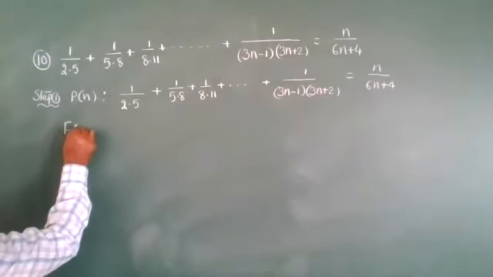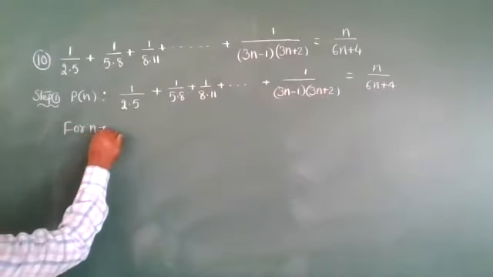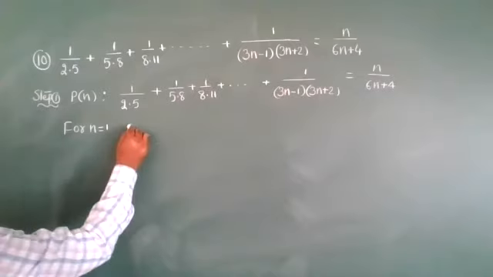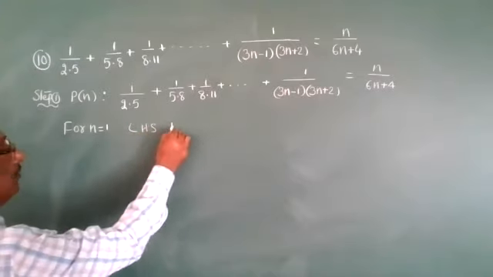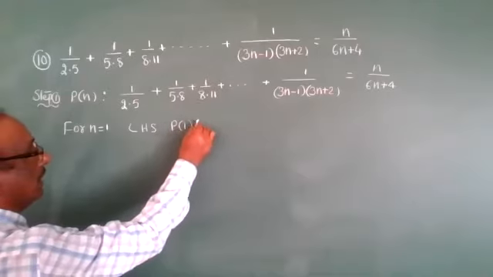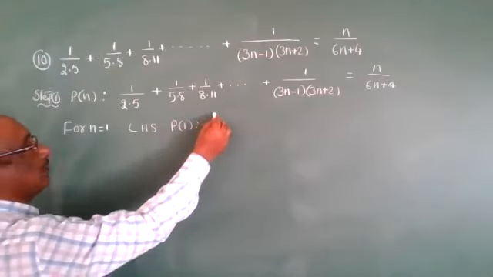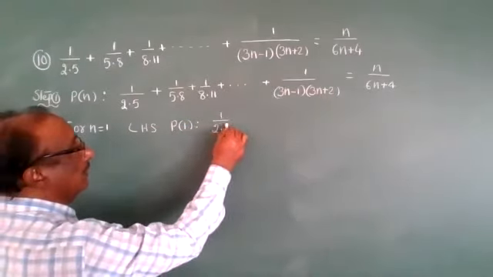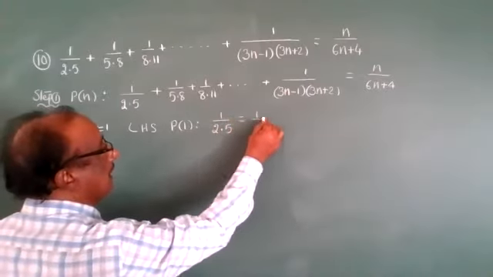For n equal to 1, the LHS is the principle of one number. The first number is 1 by 2 into 5, its value is 1 by 10.